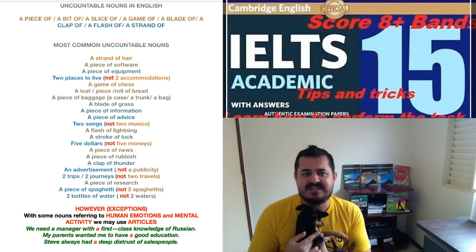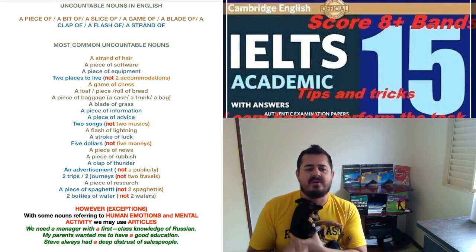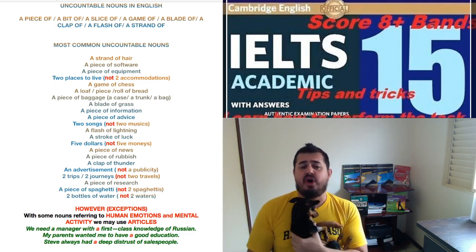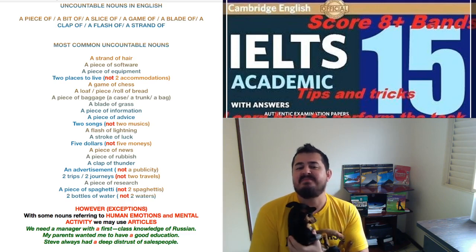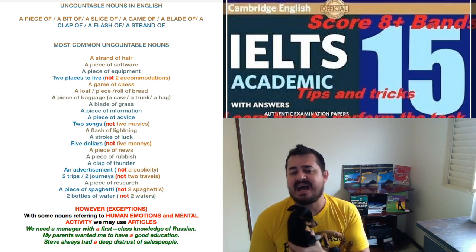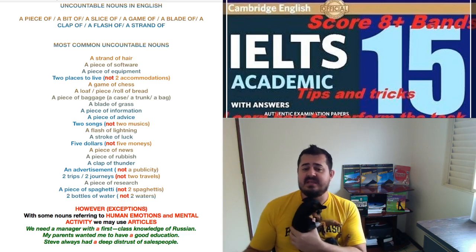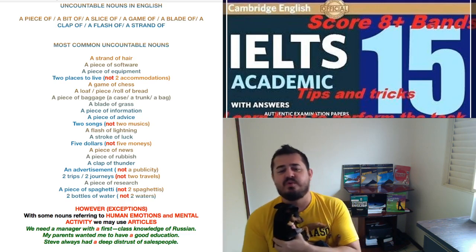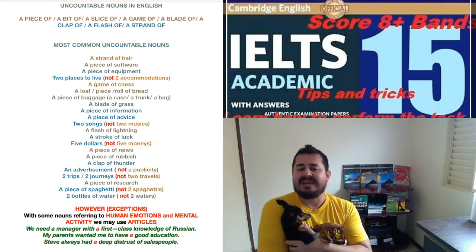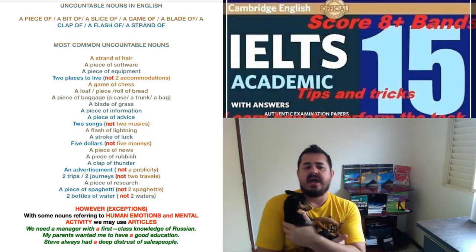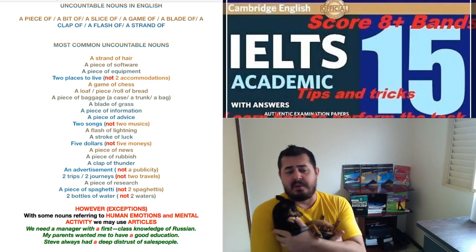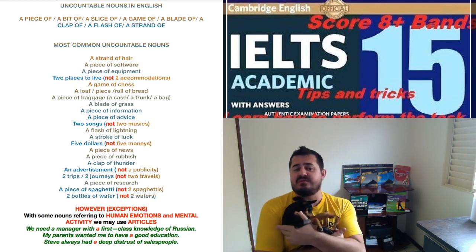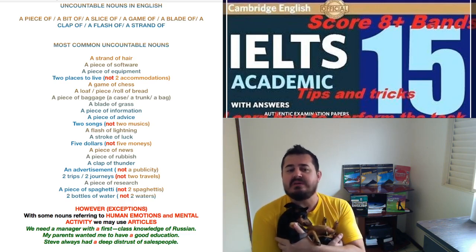What else? I have $5 in my pocket, not I have 5 monies. Money is uncountable. What you can count is the name of the money, like dollars, reals, rupees, but not money. You probably read pieces of news, but you don't read 2 news.